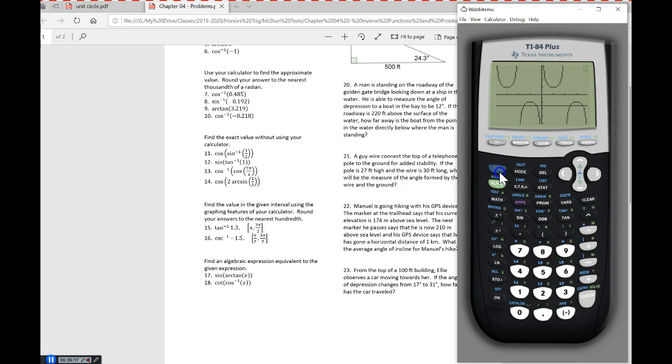Alternatively, I could do sine inverse of negative 1.5. Oops, that's dumb. What did I forget to do? Needs to be 1 over negative 1.5.